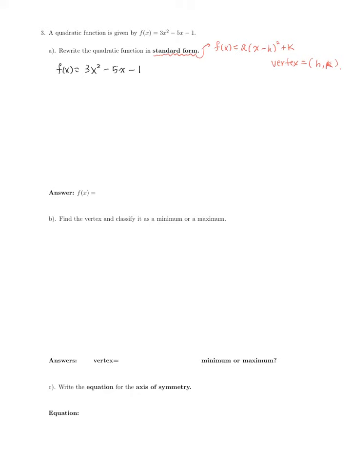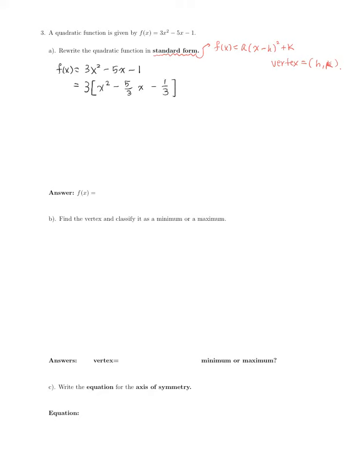So in that case, we're going to have to factor the 3 out. So here let's rewrite the whole f of x by factoring out the 3. So here you're going to have 3 times x squared minus 5 over 3 x, and then what? And then minus 1/3.